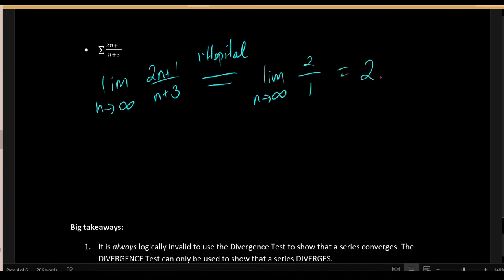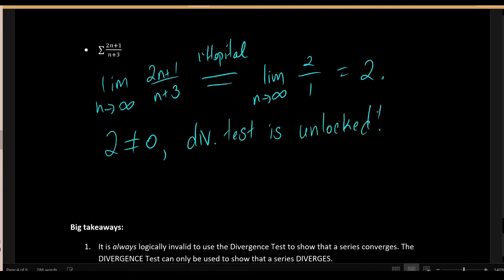So the sequence of terms that we're adding up approaches 2, which is non-zero. Which means the divergence test is unlocked, and we can safely conclude that this series must diverge.